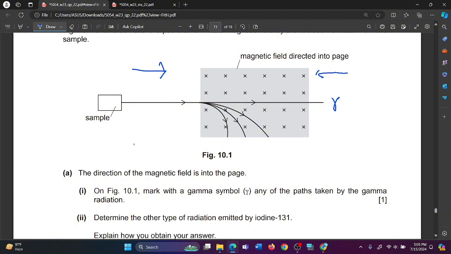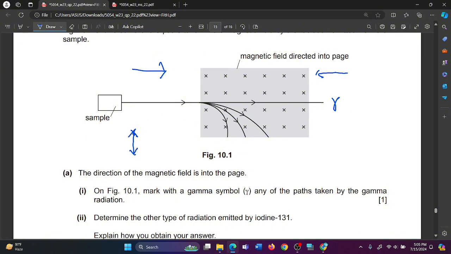Sorry, we don't actually start with that; the force on the particles is downwards. We can see that the radiation was coming this way, then it went downwards. So the force is downwards, and my thumb is pointing downwards.